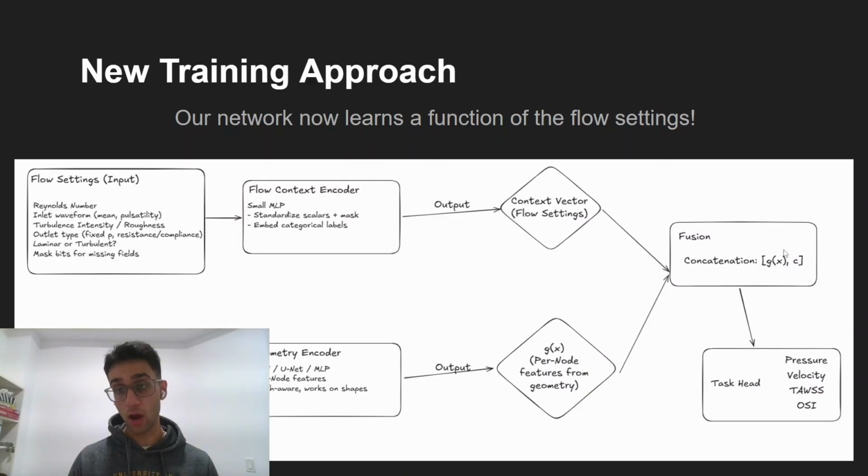Our final input is a concatenation of the flow settings, the flow parameters, and the inlet-outlet conditions, and the actual geometry, the stuff that makes up the mesh itself. And our prediction, our TAWSS and OSI, comes from both the flow settings and the geometry.